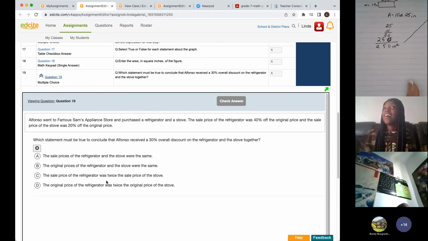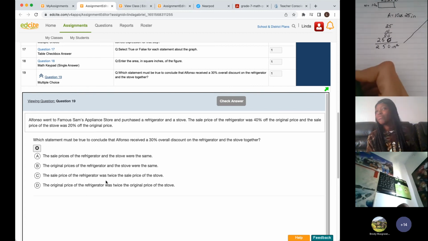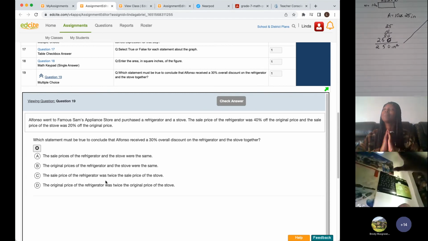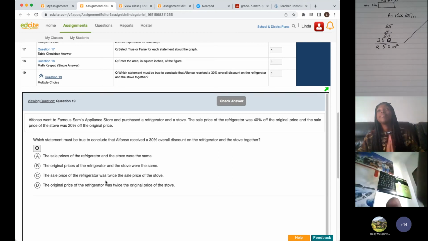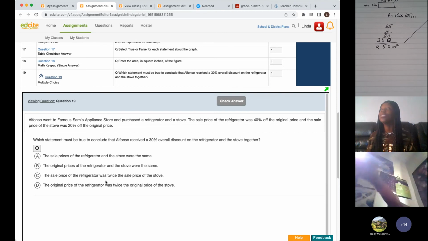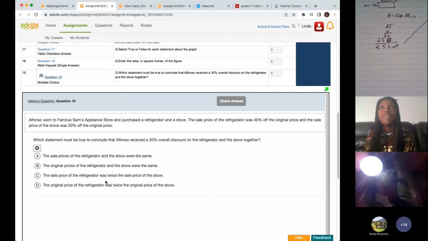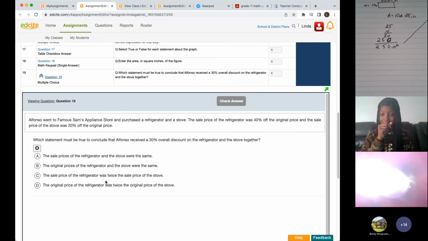All right. So what we need to be able to see here, we're going to have fun with the algebra. Ready? The sale price of the refrigerator was 40% off the original price, and the sale price of the stove was 20% off the original price.